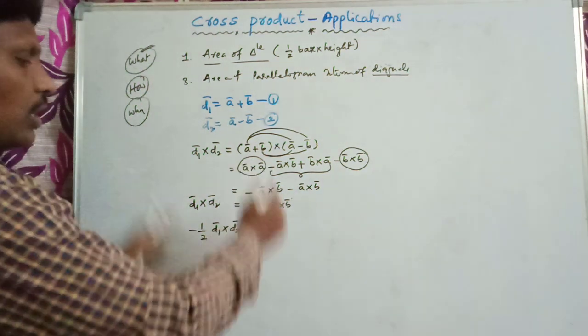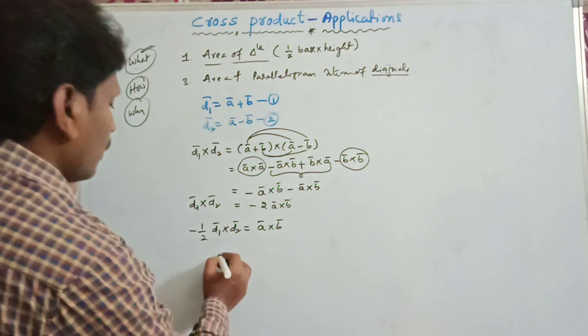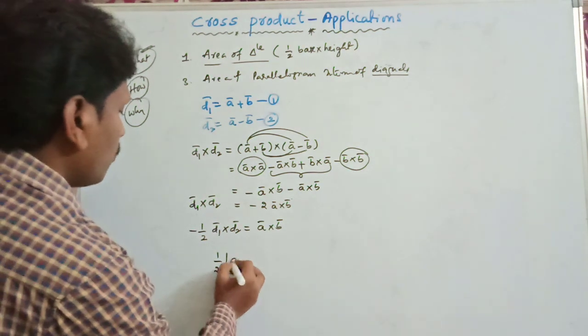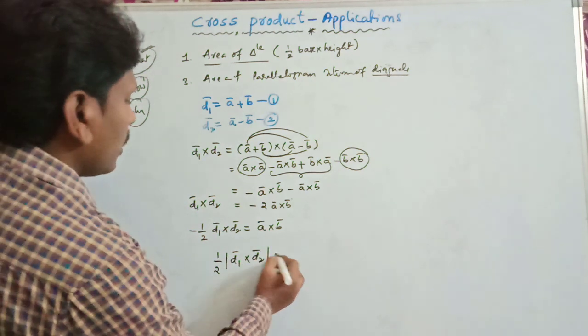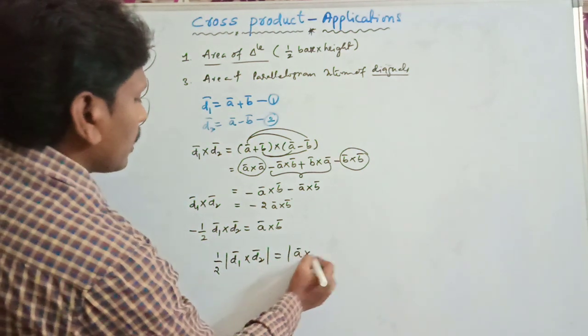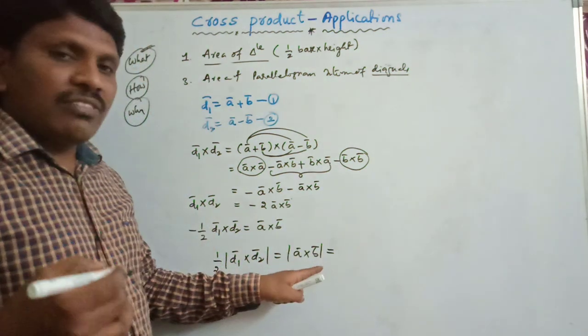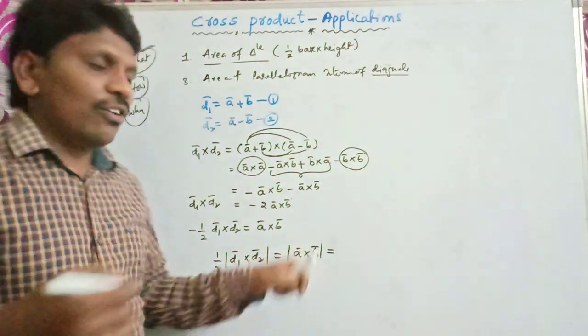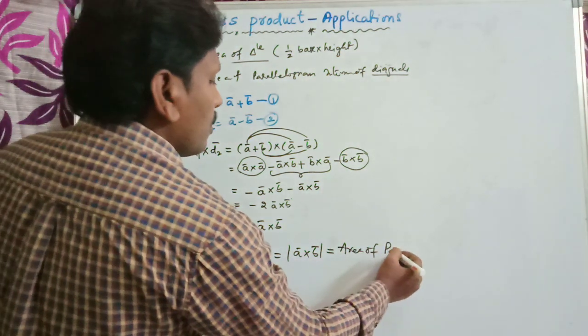If we apply mod on both sides, then minus becomes positive, half into mod D1 bar cross D2 bar equal to mod A bar cross B bar, and this mod A bar cross B bar is nothing but the area of the parallelogram.